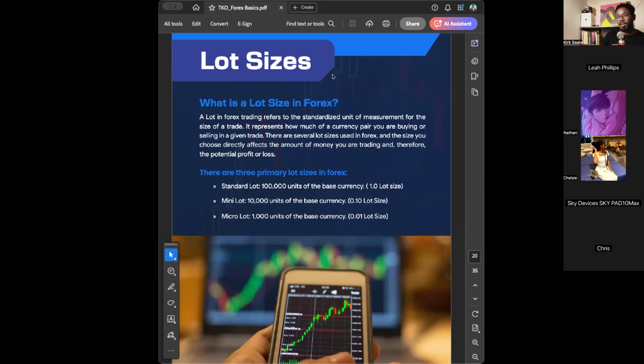So 30 by 10, $3. If that's clear, drop an AC. If you took this trade and you got take profit one, you would have made $3.